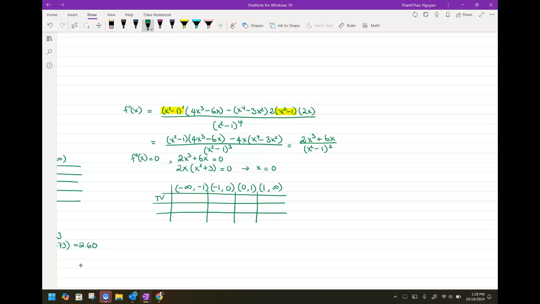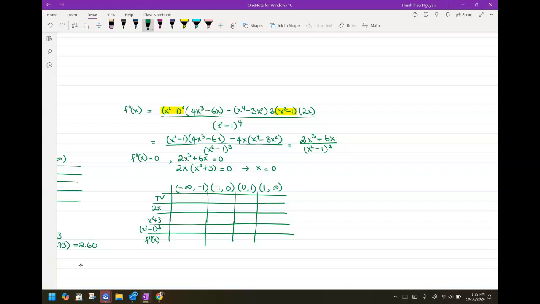Again, we use test values. The numerator, we get 2x, x squared plus 3. The denominator, x squared minus 1 to the third. So f double prime of x.